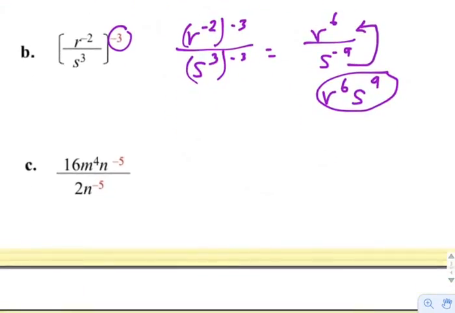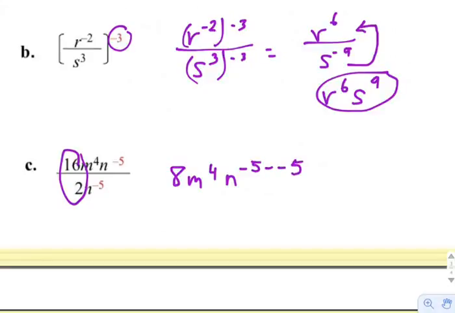The last example again has some of those negative powers there, so I want to be able to move them around. I'm actually going to look at my whole numbers and simplify. 16 divided by 2 is 8. n needs to go to the numerator anyways because it's negative. So I have m to the 4th, n to the negative 5, and then again n to the negative 5.